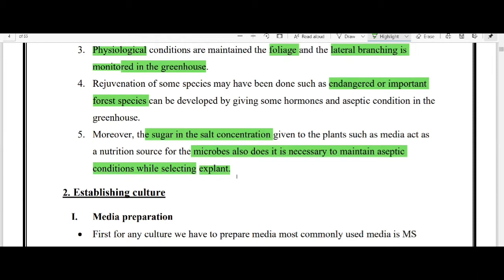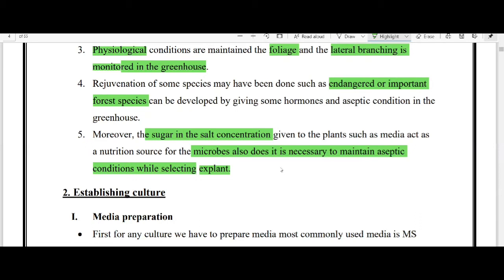While tissue culturing, when we give nutrition to plants, if any microbes are present in those plants, then these microbes will take the sugar and salt concentration and will also grow.